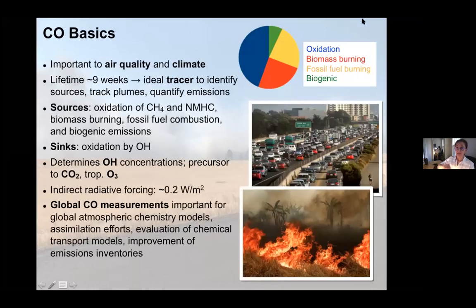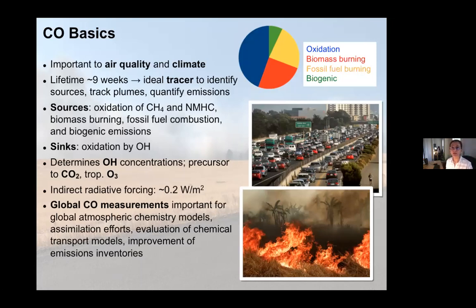First, the basics. Carbon monoxide is an important gas both for air quality and climate studies. As you probably all know, the lifetime of this gas is around 9 weeks. So it's an ideal tracer to identify emission sources, to follow polluted plumes, and to calculate emissions.